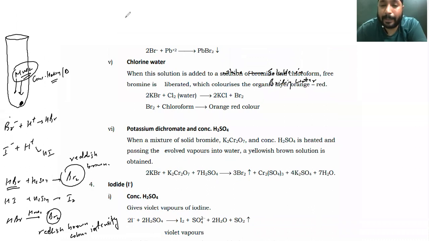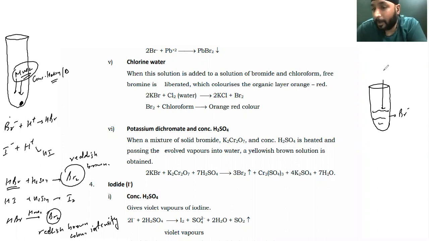And chlorine water. This test is fun. What exactly happened over here? Take a bromide solution. So I do have a solution of bromide. Put chlorine water, chlorine dissolved in water.